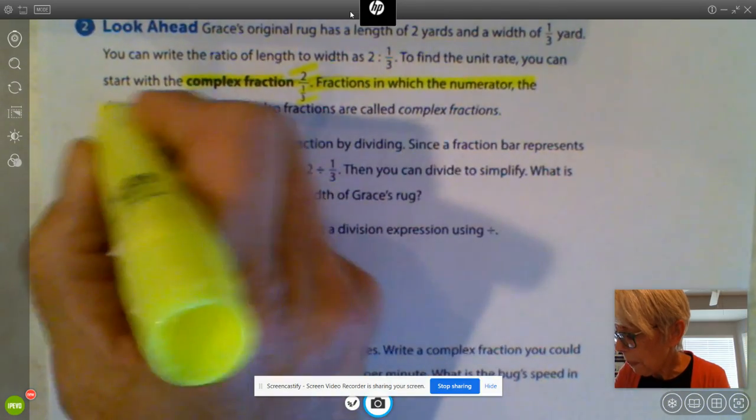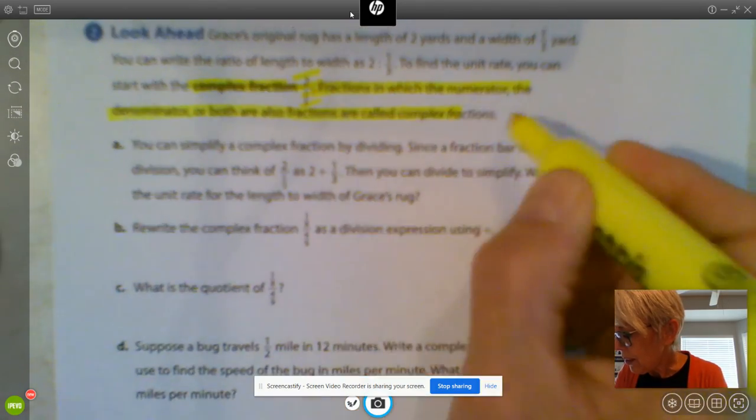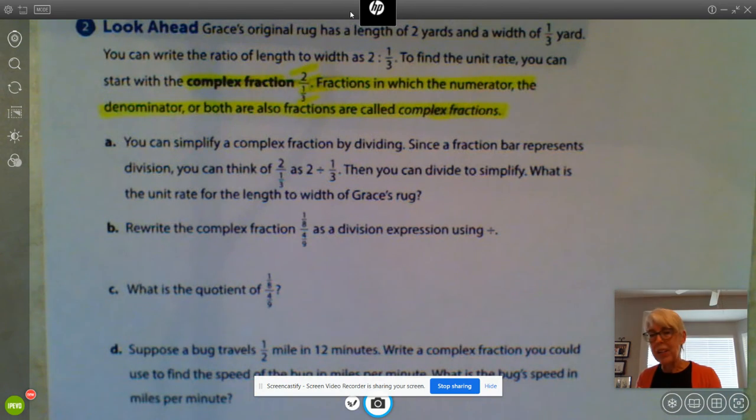So a complex fraction is a fraction on steroids. Instead of just a single number in the numerator and a single number in the denominator, there's a fraction in the numerator, or a fraction in the denominator, and sometimes a fraction in both. So that's like a super duper complex fraction. And A is going to tell us what we do with this fraction.